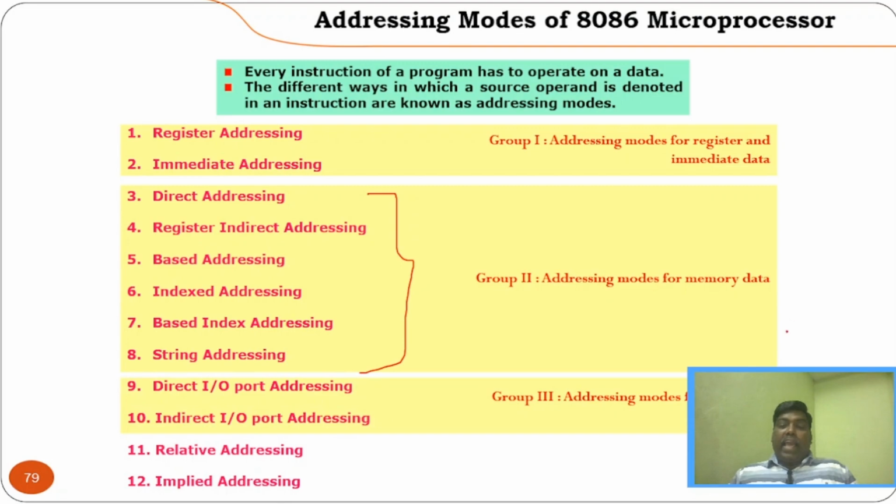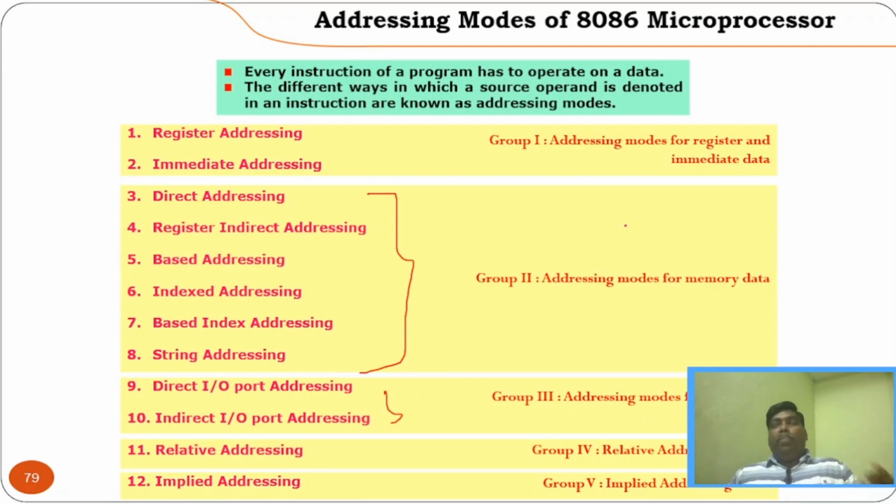For addressing the IO ports, we can use these two addressing modes. For relative addressing, we can use this addressing mode. And for implied addressing, we will not have any particular operand, only the instruction. That is, the operand will be given in the instruction itself. That is called implied addressing. So it will be divided into 5 groups, not 4 groups. We will see them one by one.